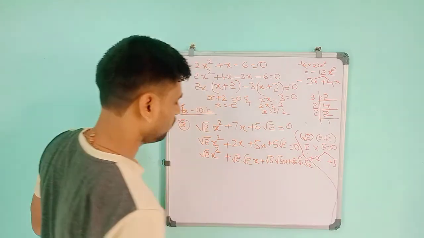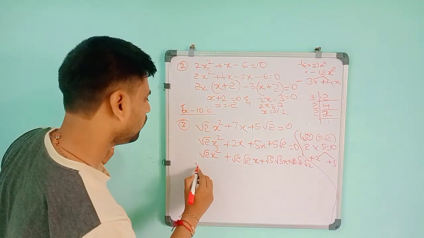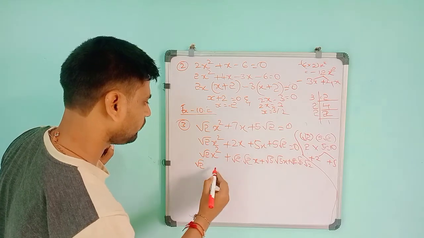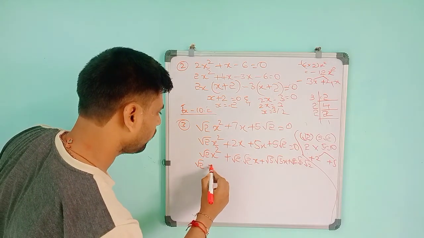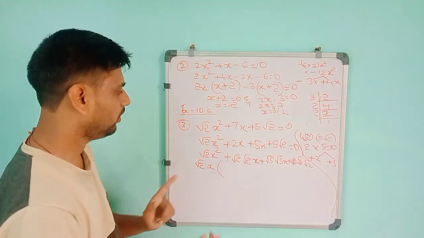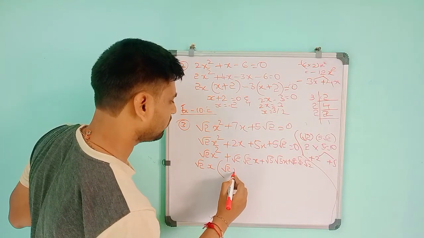Root 2. So if you take root 2 common here, root 2x, if you take common, it will remain root 2 only, root 2x.